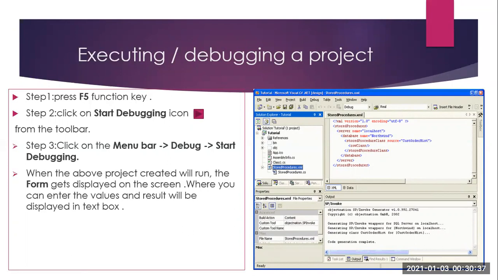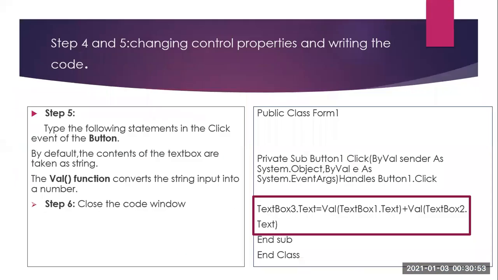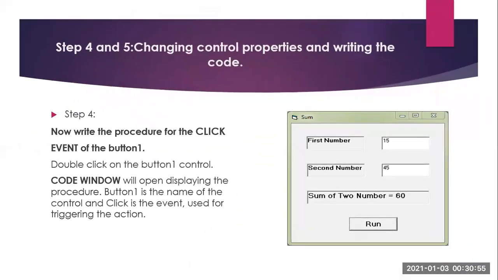If no errors are generated, the project is created and the form gets displayed on the screen. Whatever form details we have, whatever we need to enter, will come up on the screen, where you enter the values and the result will appear.